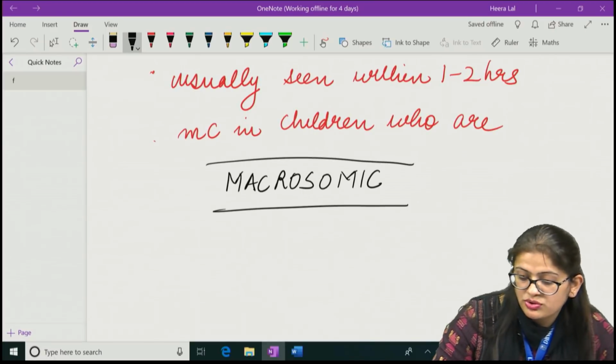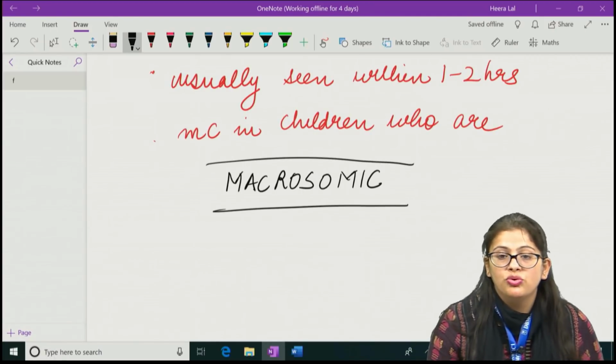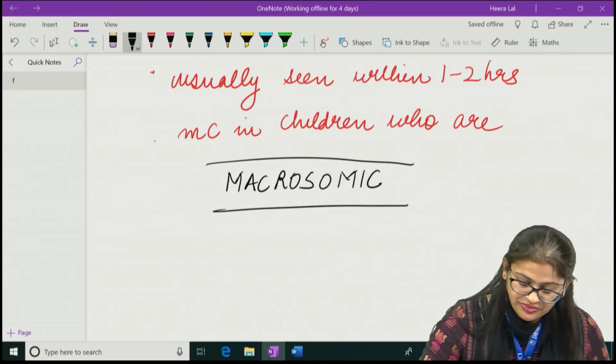So children who are macrosomic and born to diabetic mothers are more at risk of developing seizures due to hypoglycemia.